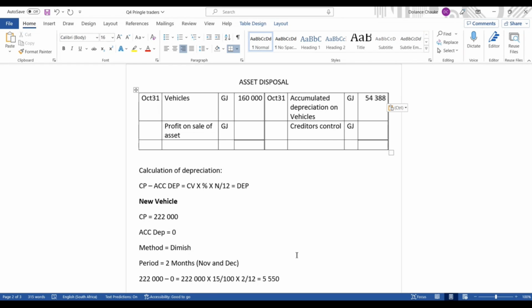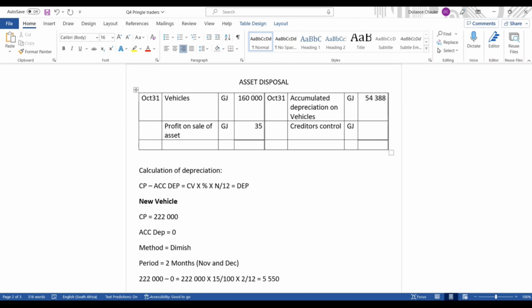They say a vehicle purchased for 160,000 and accumulated depreciation on the 1st of January 2004 of 39,300 was traded in on the 31st of October 2004 for a new vehicle at BMW Motors at a profit of 3,500, right?